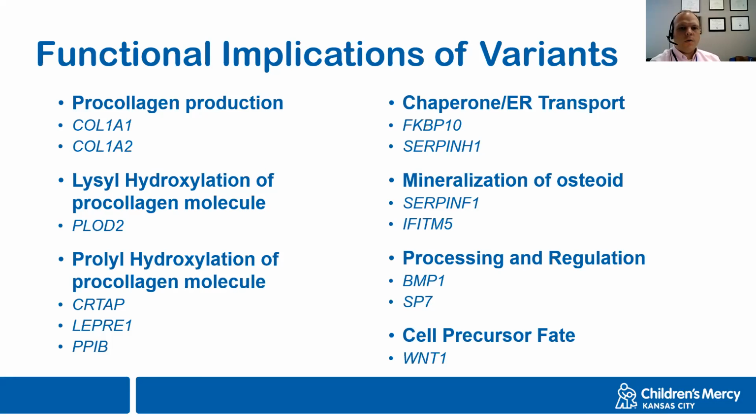And so we've really learned a ton about the normal function of bone by what happens when these functions are not working properly. These can include procollagen production, lysyl and prolyl hydroxylation, chaperone or ER transport, mineralization, processing and regulation, and cell precursor fate, amongst others. So these functional implications can be extremely helpful for us to understand.